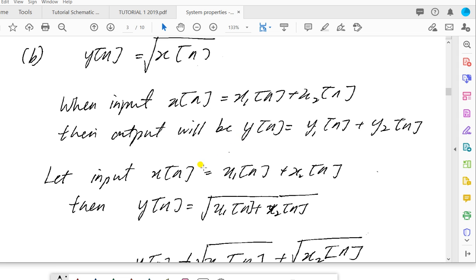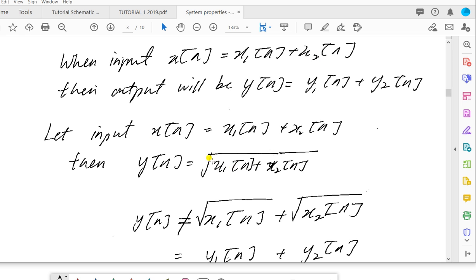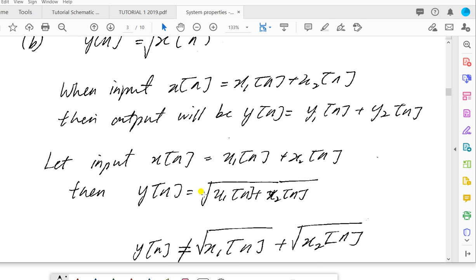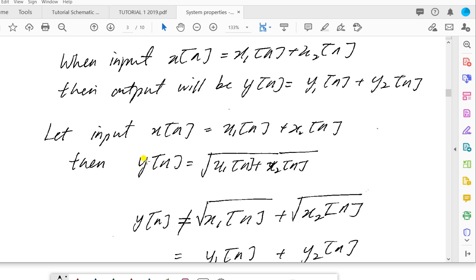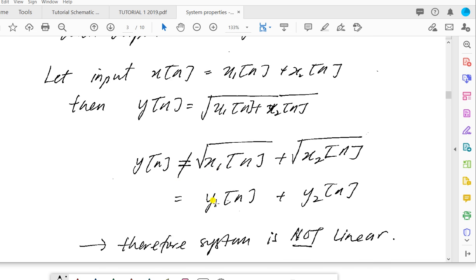Again, when input x[n] equals x1[n] plus x2[n], then output will be so and so. Let input x[n] equal this, and substitute into the system. You see that when you substitute here, it's not the same as square root of x1[n] plus square root of x2[n].